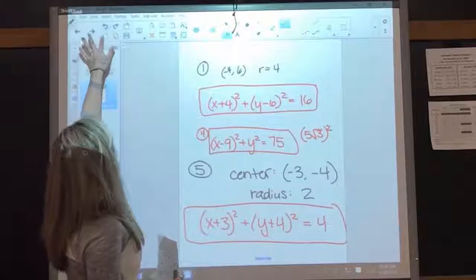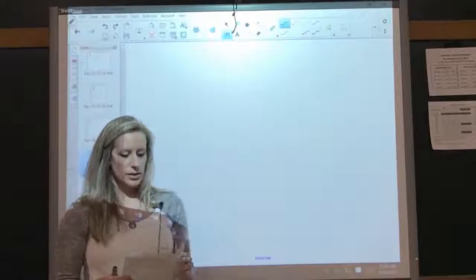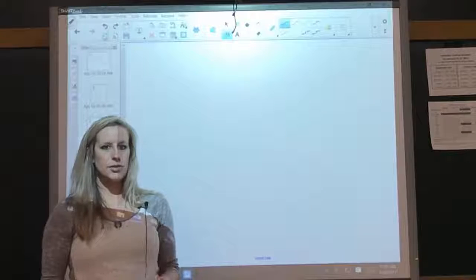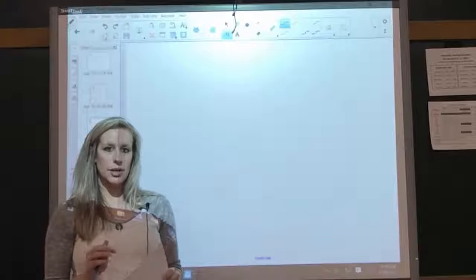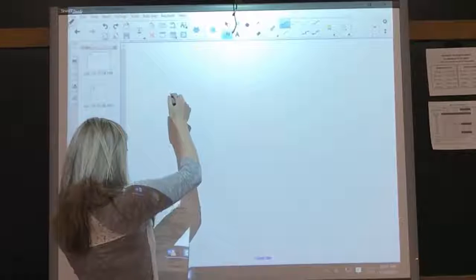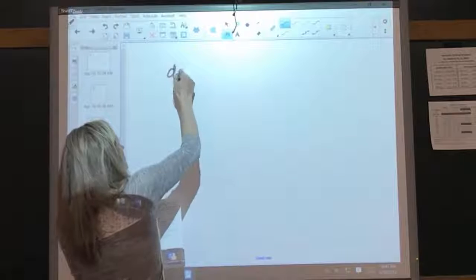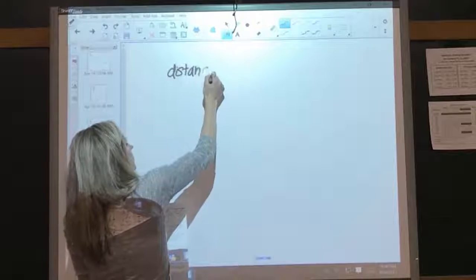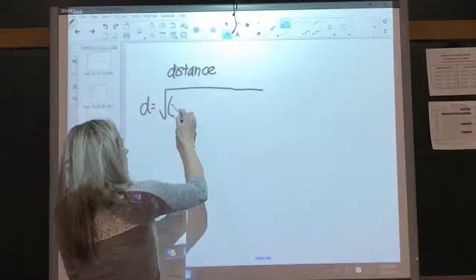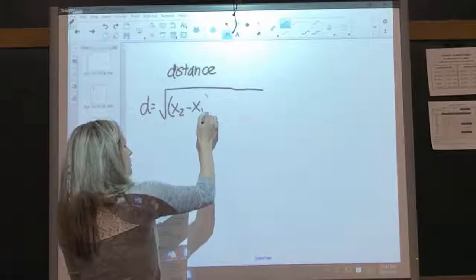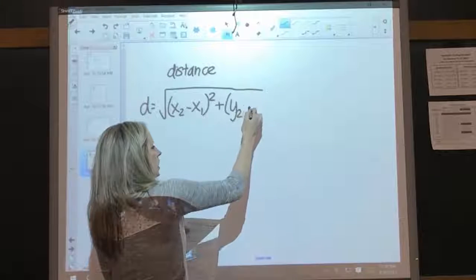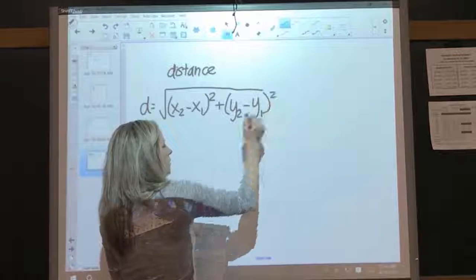All right, so let's go to the back. Now, the back is a little bit harder. You should have learned in geometry the distance formula and midpoint formula, but let's go ahead and write those down in those boxes. Your distance formula: distance equals the square root of x2 minus x1 squared plus y2 minus y1 squared.